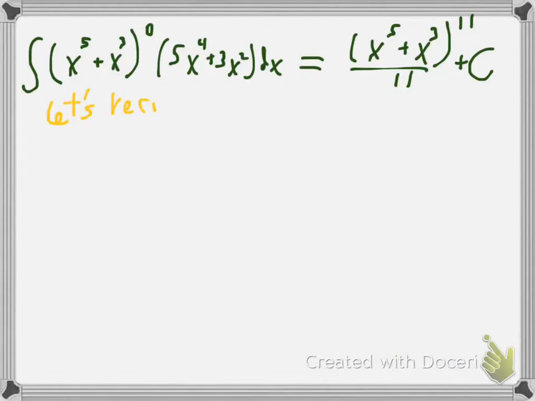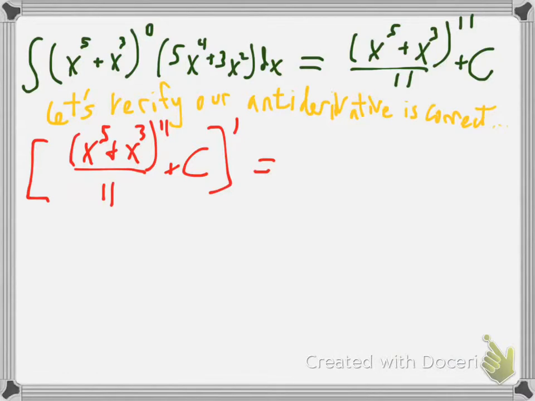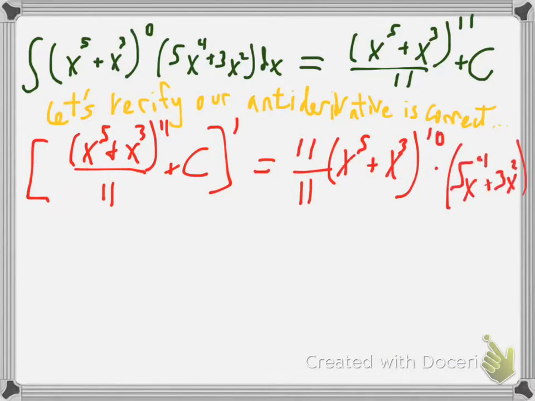So let's go ahead and verify that our antiderivative is correct by taking the derivative of it. If we take the derivative of x to the 5th plus x cubed to the 11th over 11 plus c, well, we fall off the cliff, and that brings this 11 out in front. Then we have to lose a life, so it becomes a 10.